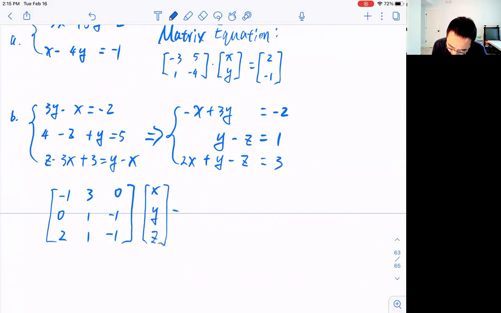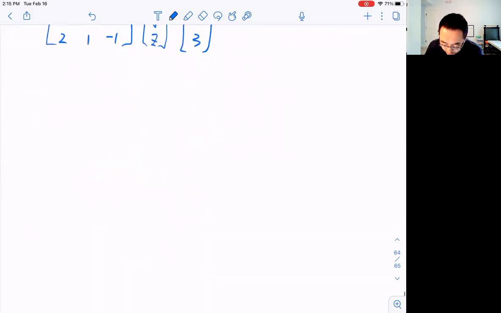And that equals your constant matrix. So this is your matrix equation for this system. All right. So that's just a quick pointer on what we mean by matrix equations.